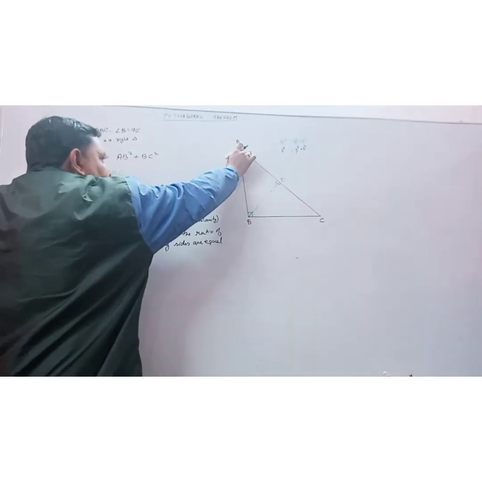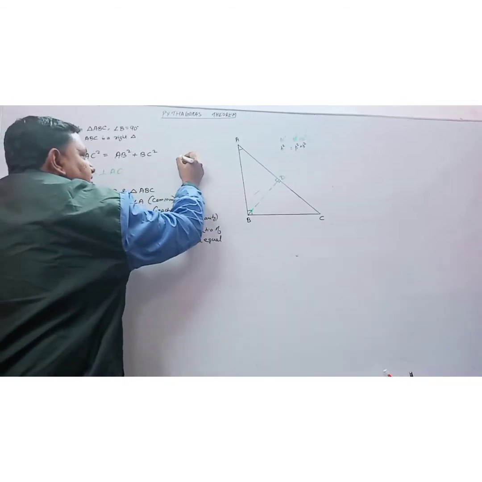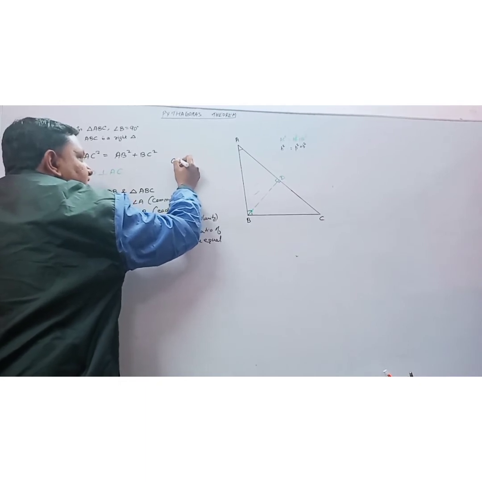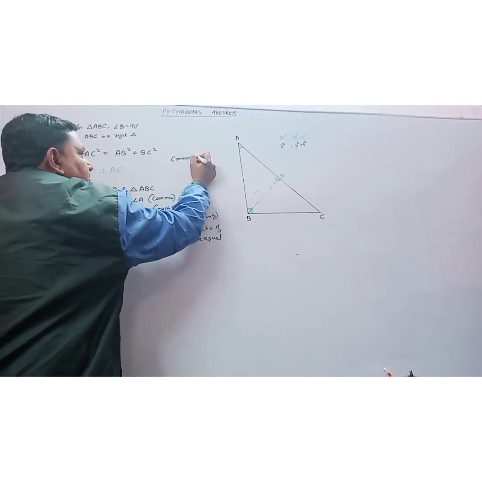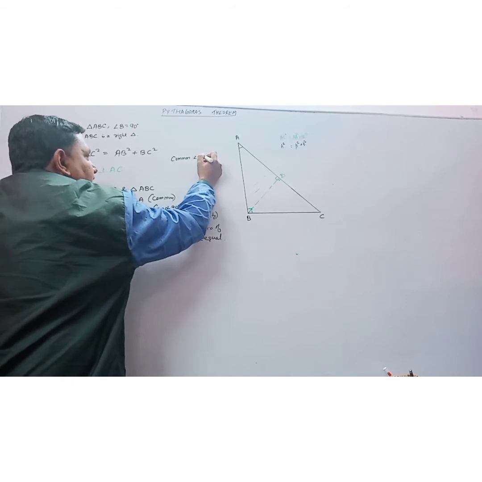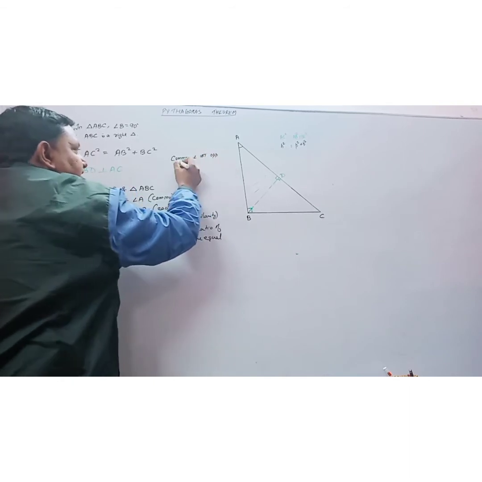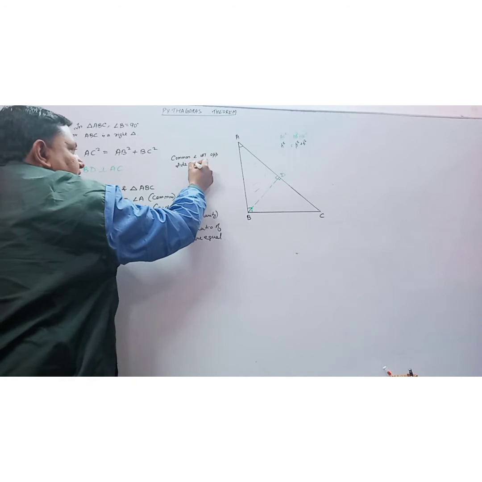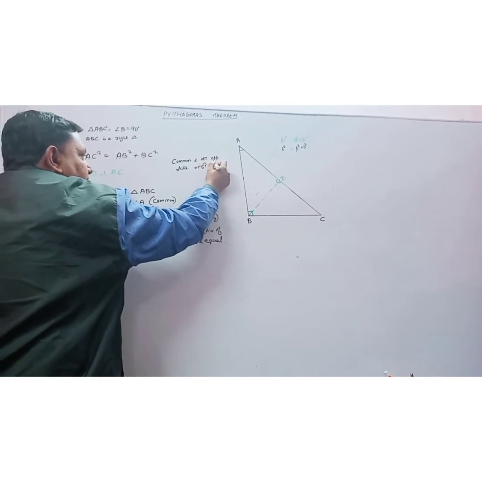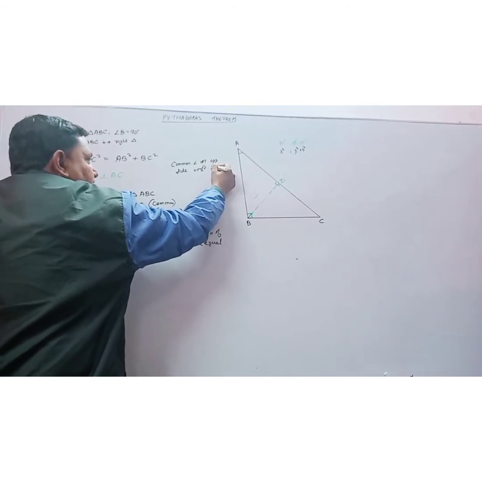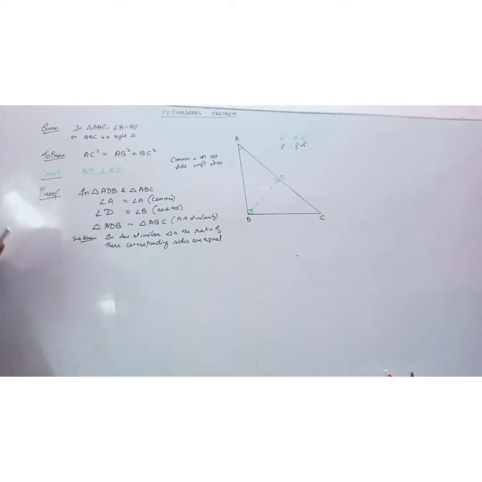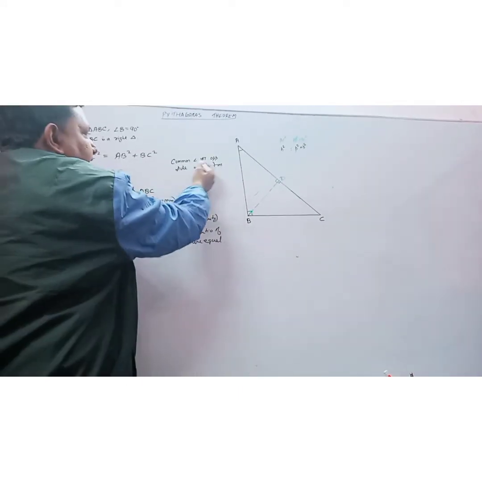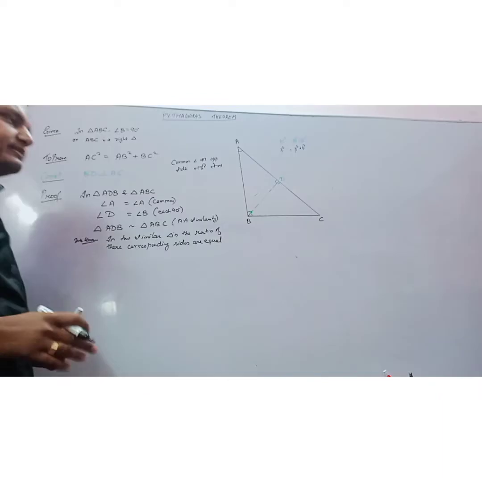Now first of all, one trick is there. I am writing in English along with Hindi: common angle का opposite side नहीं लेना है. Actually my Hindi is a little bit weak. What is the meaning of this?